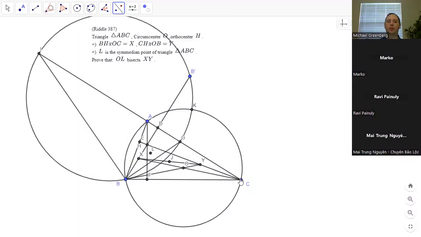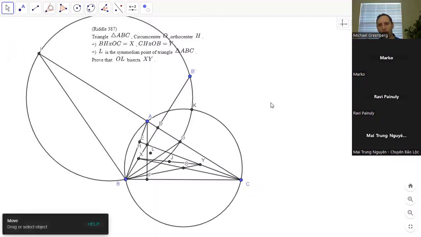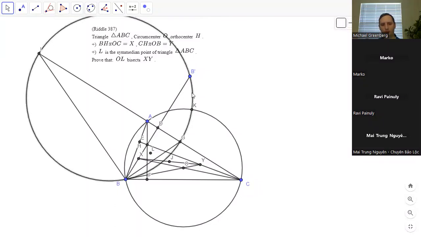Oh, the other Apollonian circle. So yeah, we'd have to draw the other one in, but it should. Wait, so that's the power of X. Oh, but we need J, not just X. That's the power of X with respect to this circle.